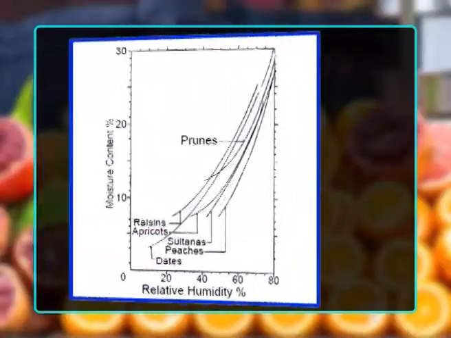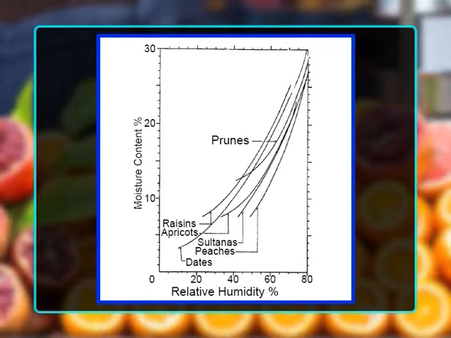The moisture sorption isotherm of a food material is a curve obtained by plotting its moisture content, which is usually expressed as mass of water per unit mass of dry material, versus the water activity of the vapor space surrounding the material, or the percent equilibrium relative humidity in the environment at constant temperature.